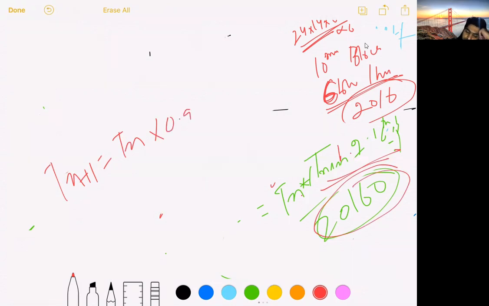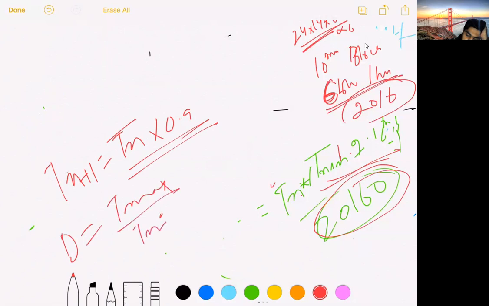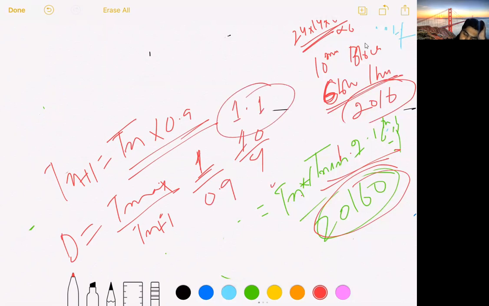That means the next target hash will be smaller than T max. When the next target hash is smaller, Tn plus 1 is going to be smaller than T max. Like if this is 1, this is 0.9, it will be like 10 divided by 9, so 1.1, so difficulty will grow.